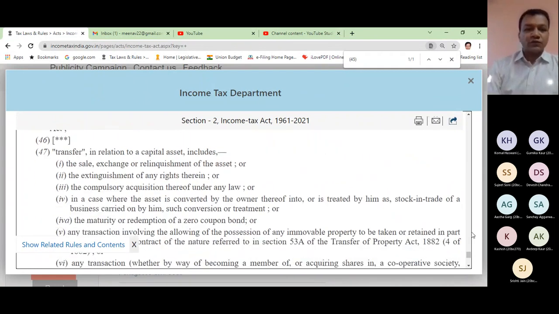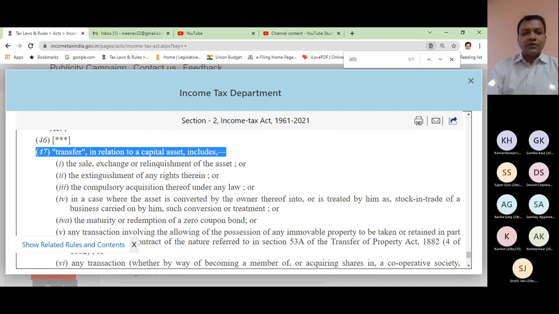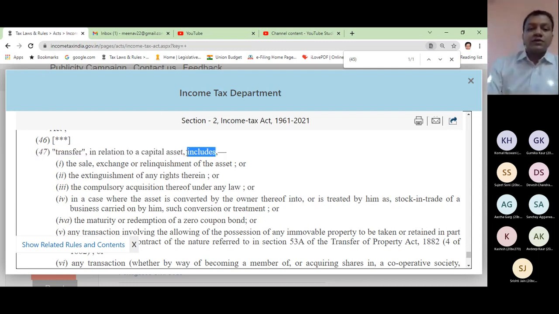As you can see, the definition in section 2 clause 47: transfer in relation to a capital asset includes; it is an inclusive definition. Still you cannot say that only these things are transfer. The word used is includes. Other than these given below, other things can also be treated as transfer depending upon case to case basis. But almost everything will be covered here.